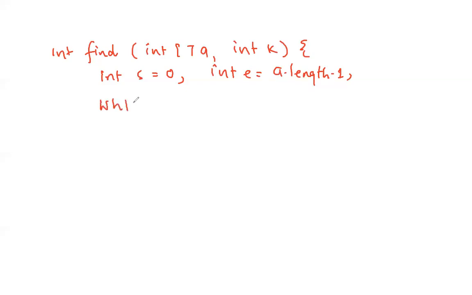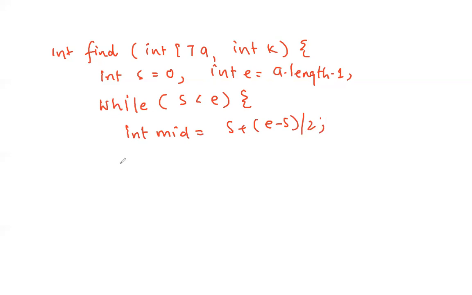Let's keep s less than n for now, and then we see if we were to make it s less than or equal to. And what we'll do? We'll find mid: s plus (e minus s) divided by 2.